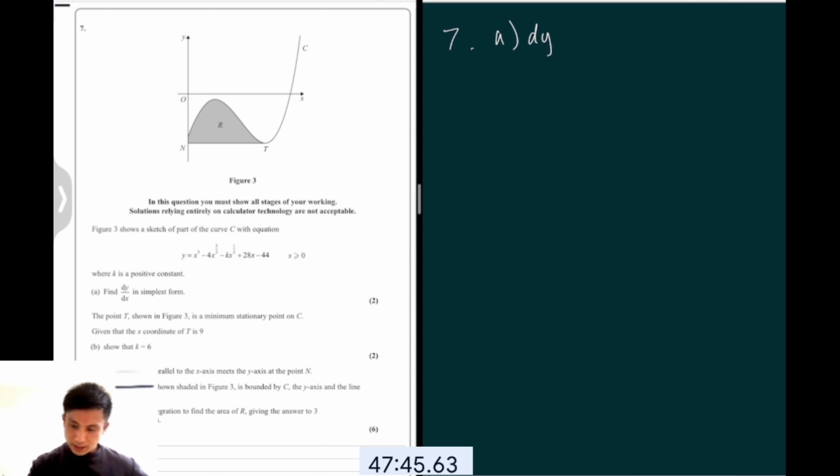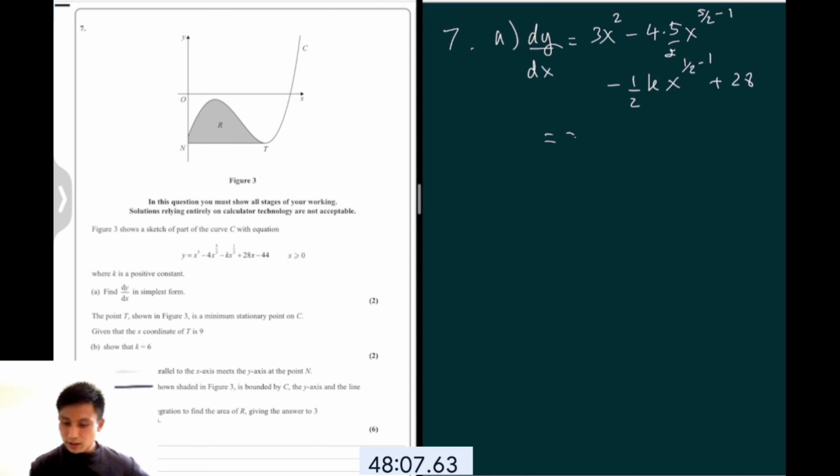So that gives me 3x squared, yeah, for the first term, minus 4 times, well, I'm just going to do some working here, 4 times the power, and that is subtracted, and then half k, and then that is minus 1, and then 28.